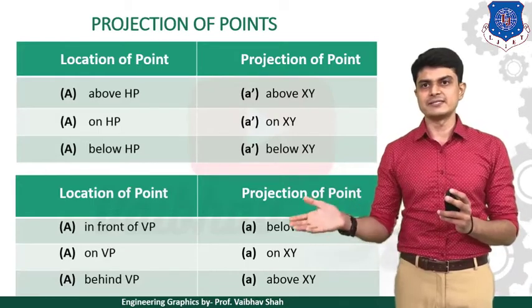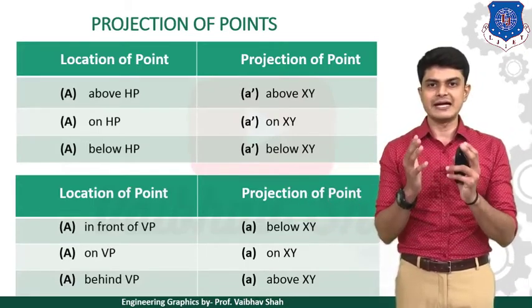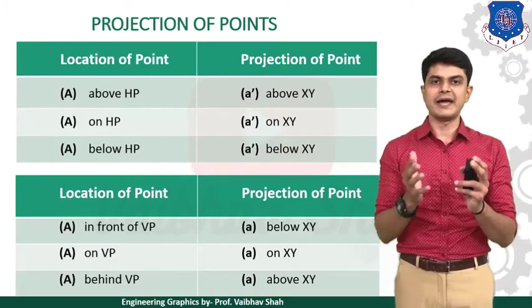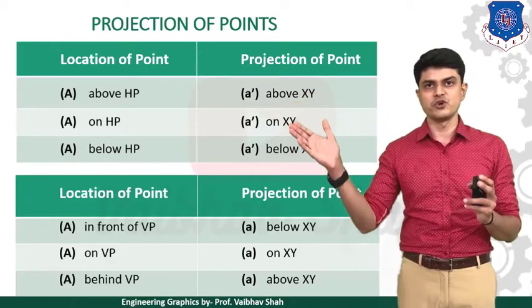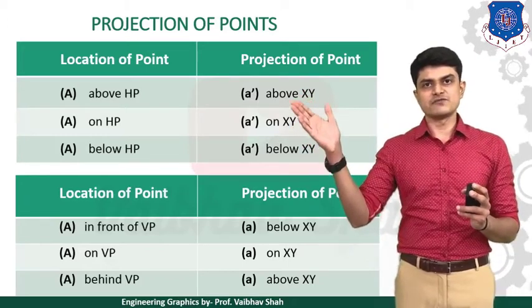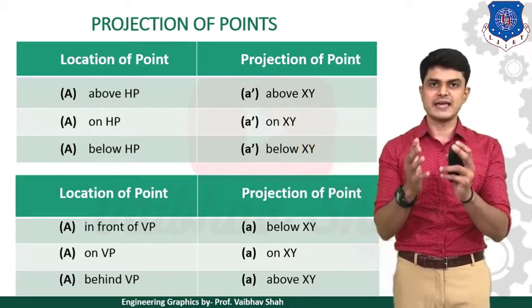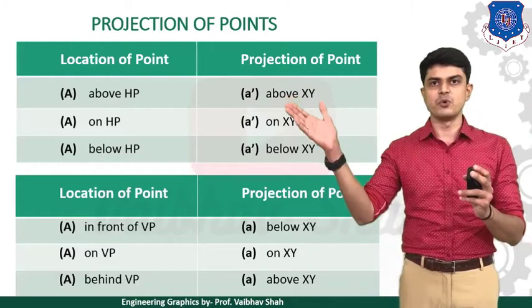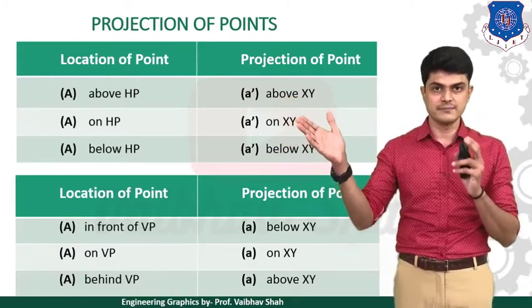And finally, whenever it is said that your point A is behind VP, then the answer would be your point A above the XY line. Here understand, this point A dash represents the front view or elevation. Whenever it is represented with respect to HP, it is known as the front view or the elevation. So A dash point is also known as the front view or elevation. Remember that.